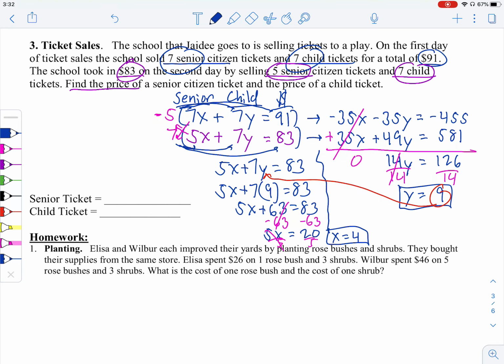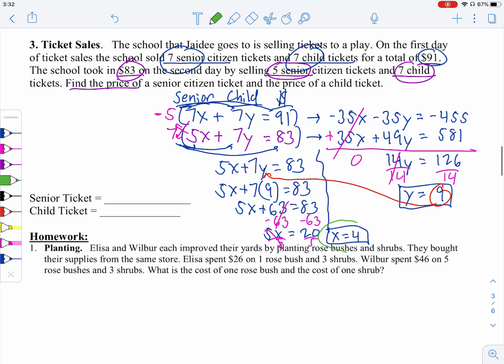Okay, and then once again, remember what we're writing in here. So we know x is 4 right here, senior column. So our seniors is $4. Then we look at our y's, which is our child column. So our child is $9. That's it.